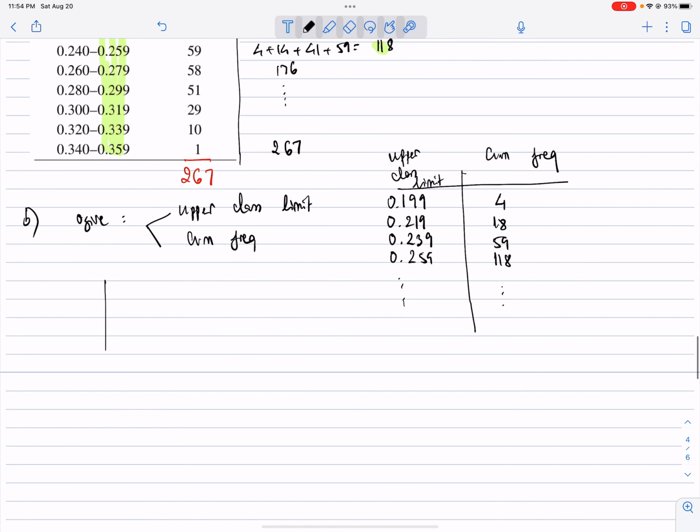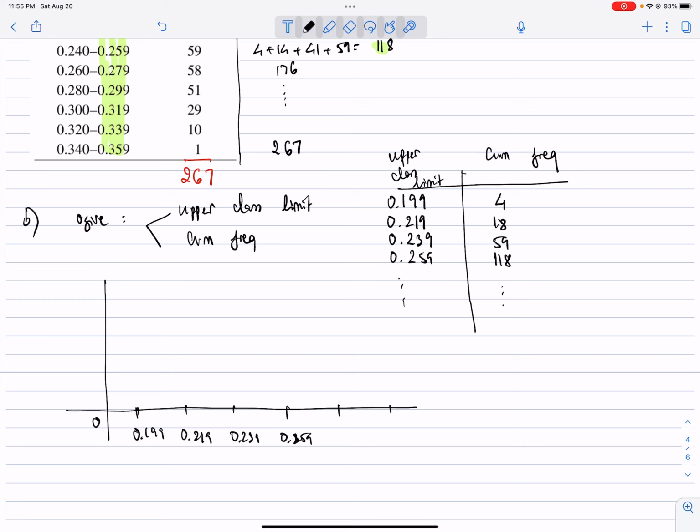Now we make the graph. So we label right here 0, 0.199, they have to be equal distance, okay? Because they are the upper class limits, the difference between them is the class width. So 0.219, 0.239, 0.259, and so on.